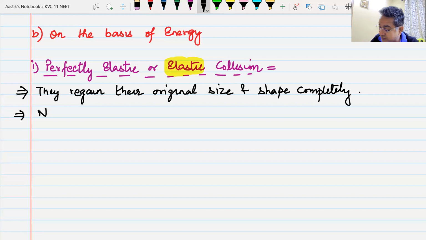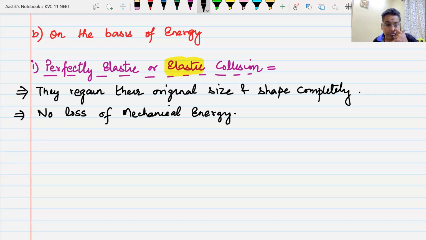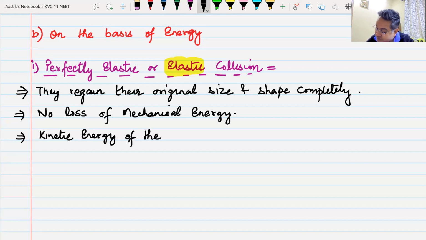Do we understand this? So there will be no loss of mechanical energy. Therefore, kinetic energy of the system remains conserved.